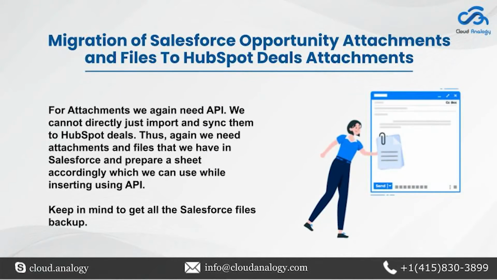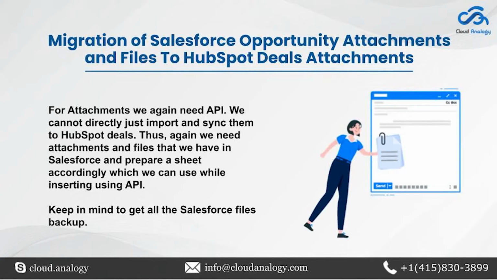Other than that, we can also import or migrate the Salesforce opportunity attachments, or say files, as deal attachments. For that, we have an API. Before importing the attachments into HubSpot, we need a proper backup of all the files and attachments from Salesforce. When we export the attachments and files, we also get a content document version ID.